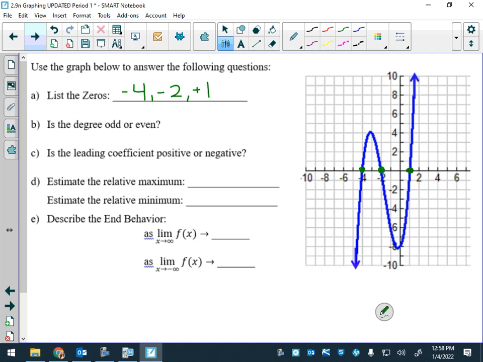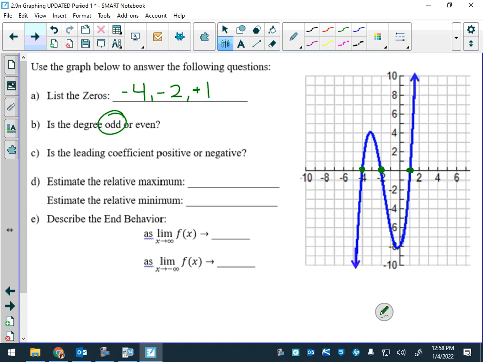Is this degree odd or even? Wes? Odd. Why? Excellent. The arrows are not going in the same direction, and if you were to expand or flatten it out, it would resemble a line.